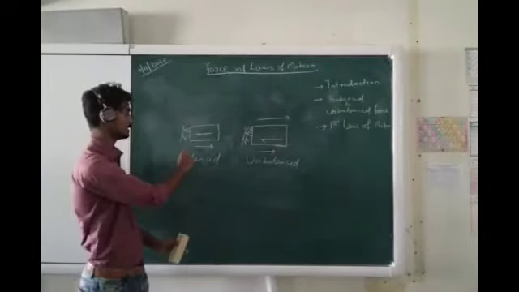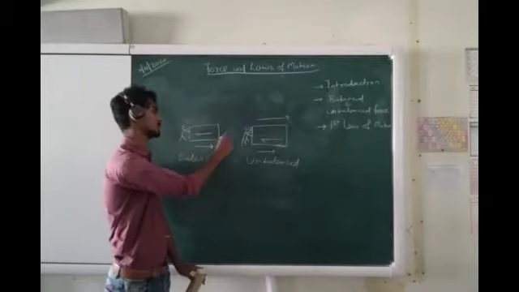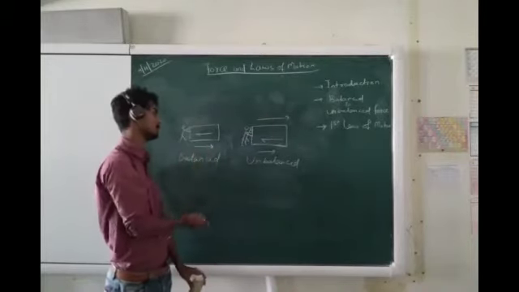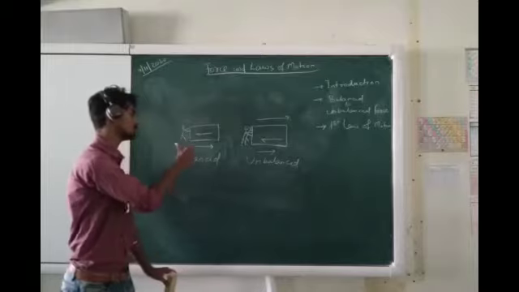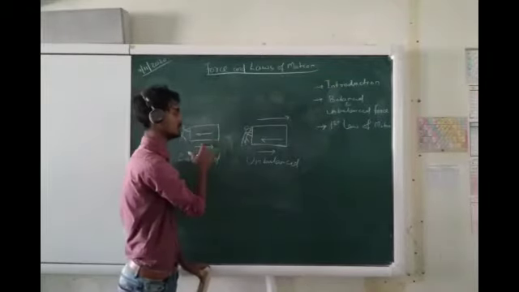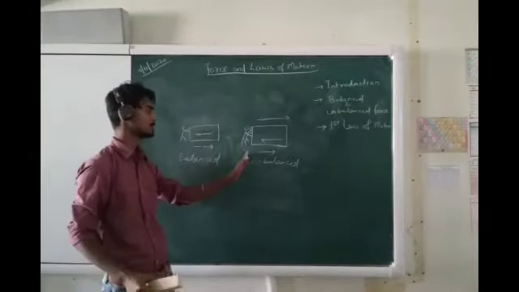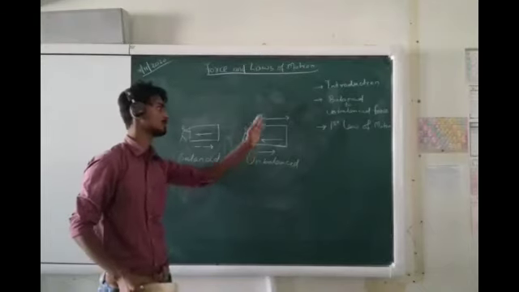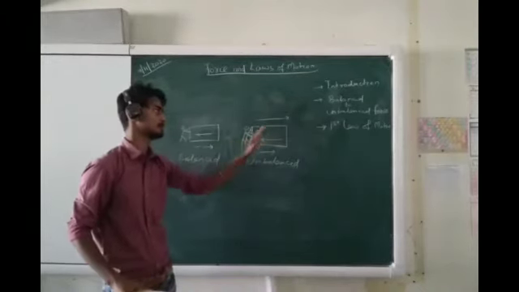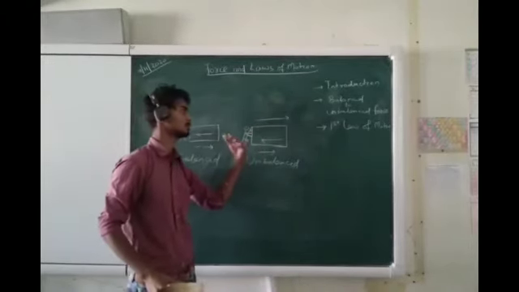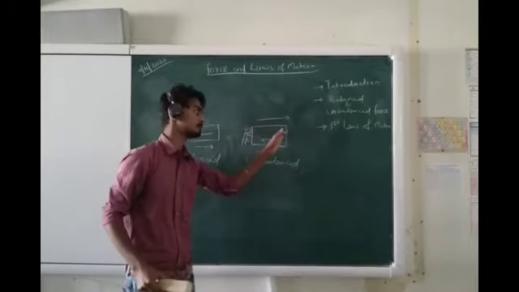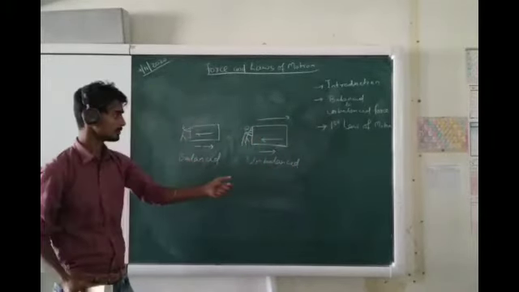See here, whatever amount of force you have applied, that much amount of frictional force is applied, or we can say that your force is balanced by the frictional force in this case. But in this case, your force is not balanced by the frictional force. As a result of which, you could make this object be in motion.